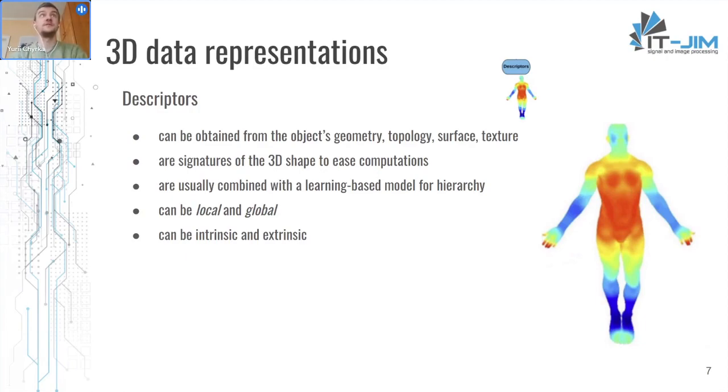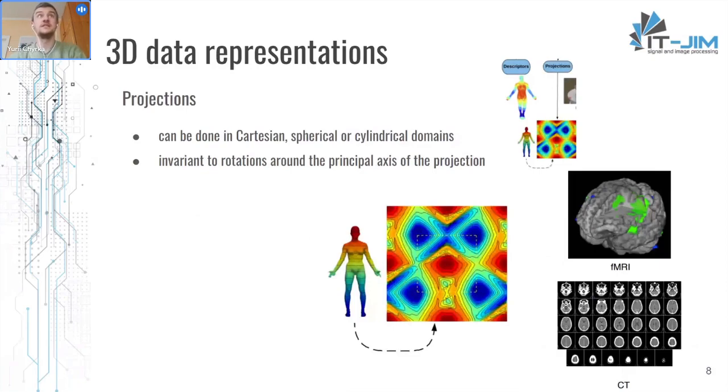Another type of representation is projections. Data can be transformed by projection into Cartesian, spherical, or cylindrical spaces.